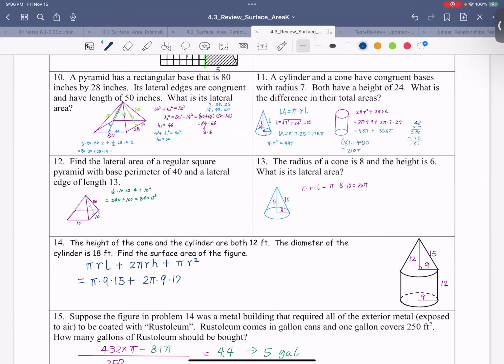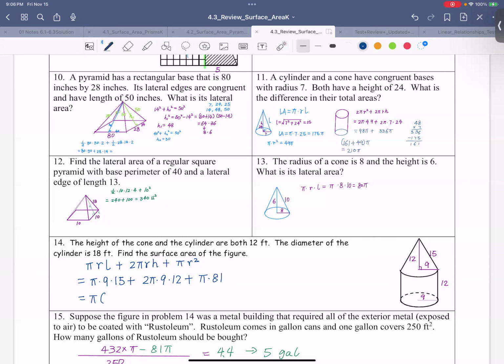Good. Plus pi times 81. Good. Do you need to add this surface also, this circle? Do you need it or not? No. Good. Go. Everybody has pi, so I will put pi outside.